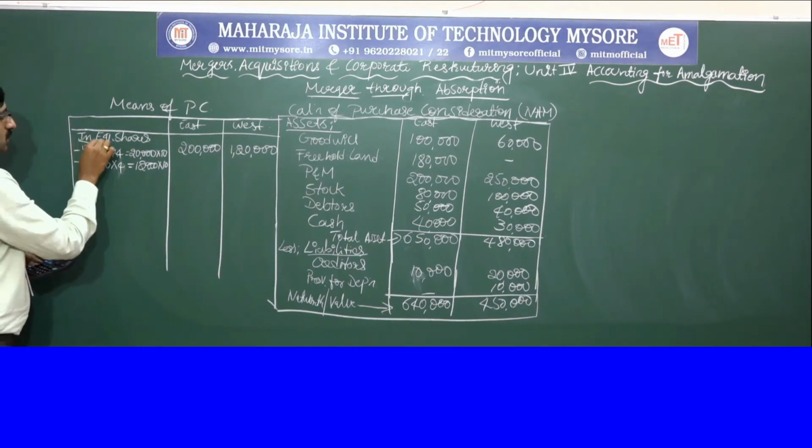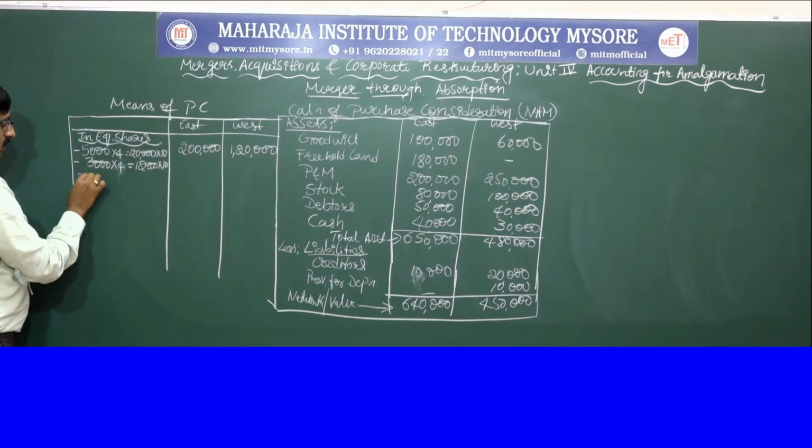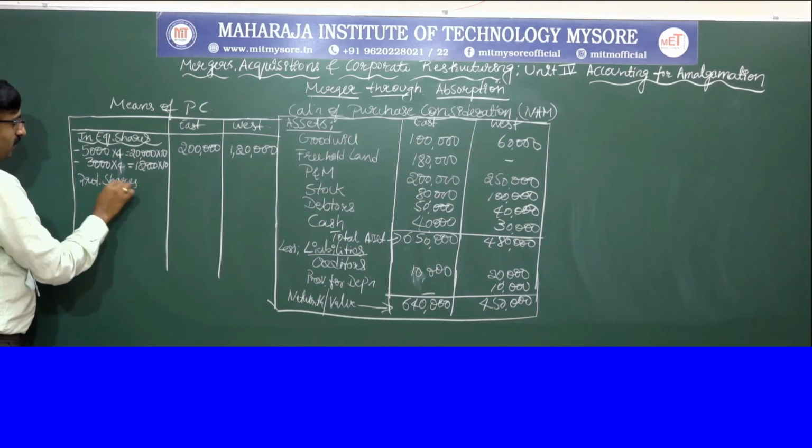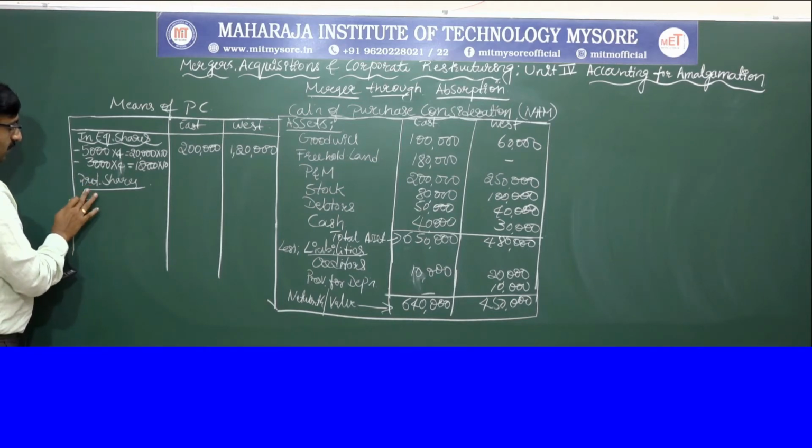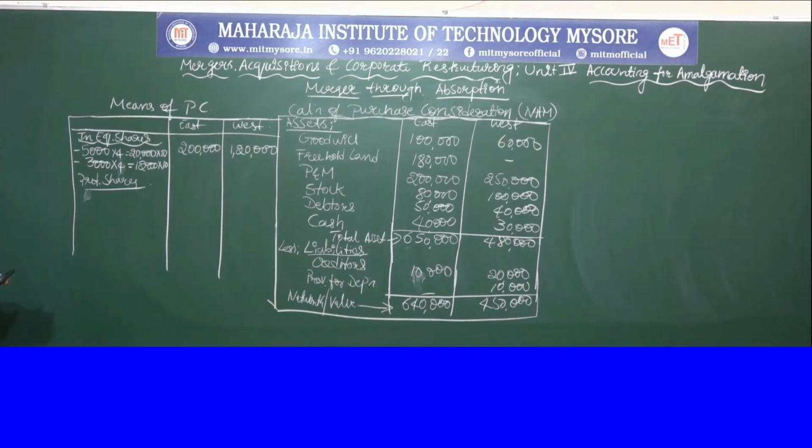Next, moving on to preference shares. In preference shares, how much? So 10% preference share here. First you calculate for East Limited, then you can calculate for West Limited. They told us to take the same number of shares.